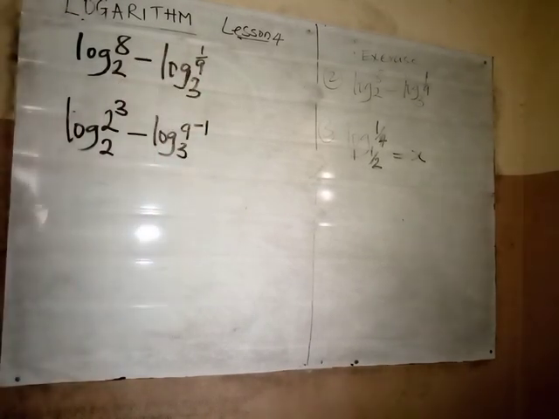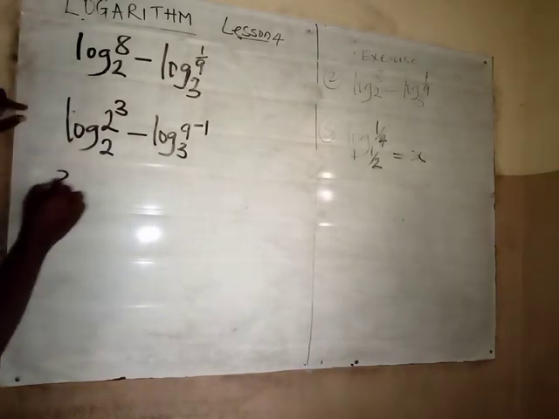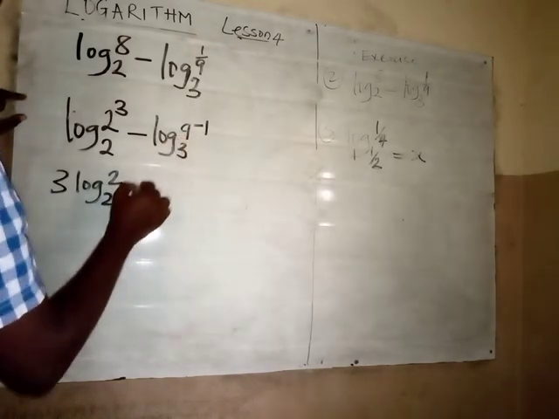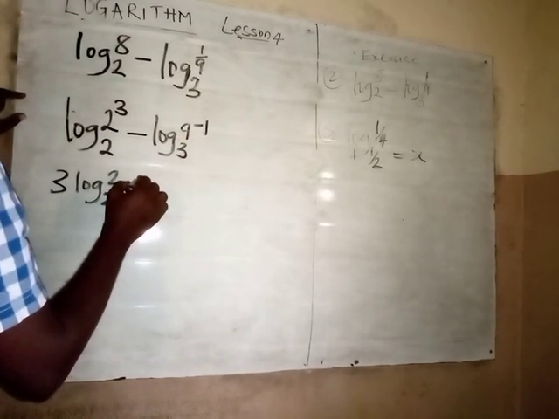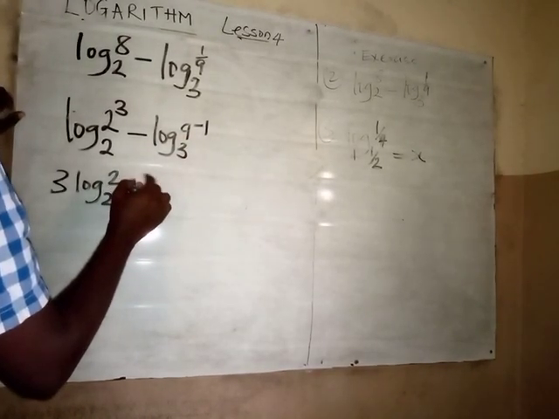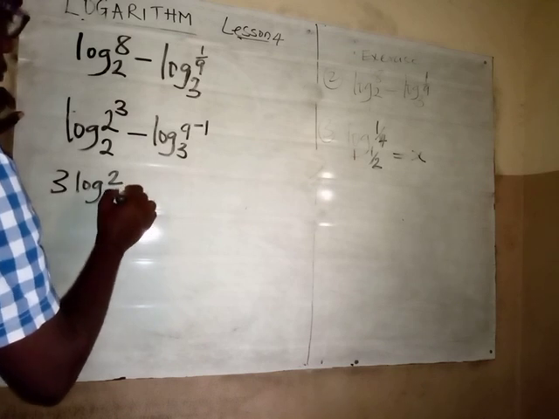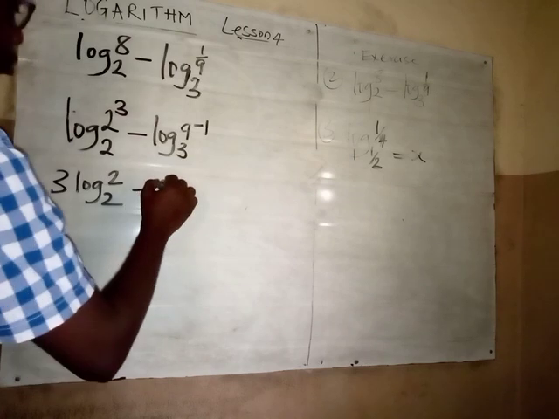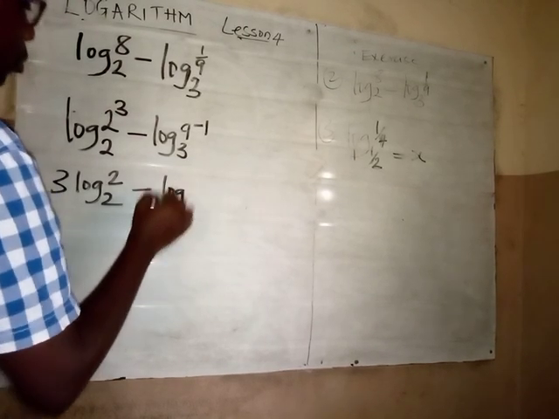This one is the same thing as 3 log 2 base 2, and this one is the same thing as minus log 9.